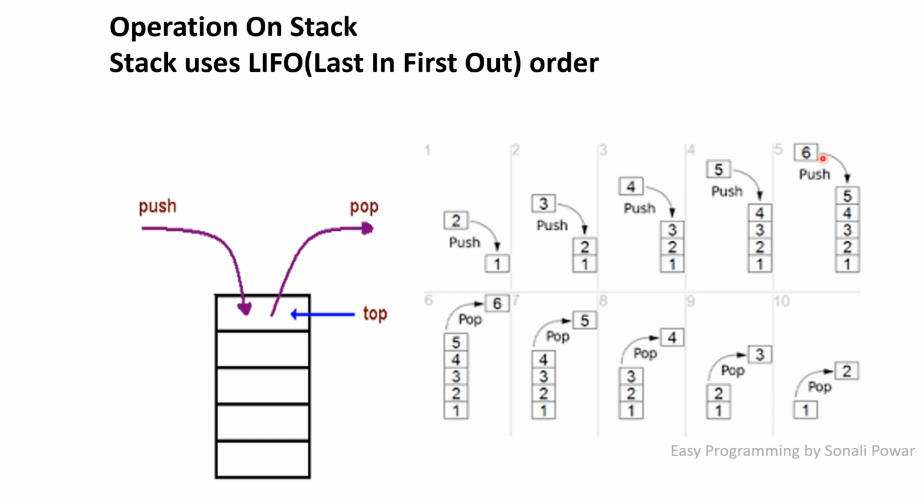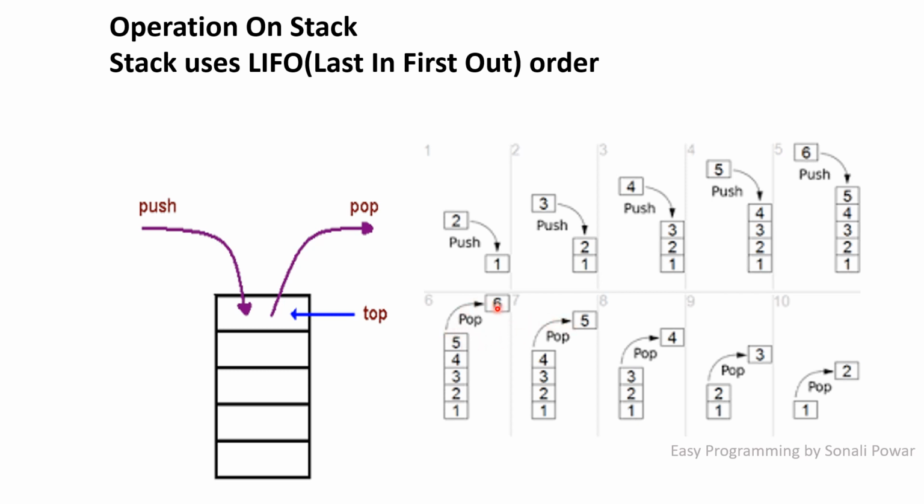Now suppose after inserting 6, I perform the pop operation, then it will remove the top element, that is 6. So it will pop or delete the top element, 6. After that, suppose I pop again, then it will delete the top element, that is 5.